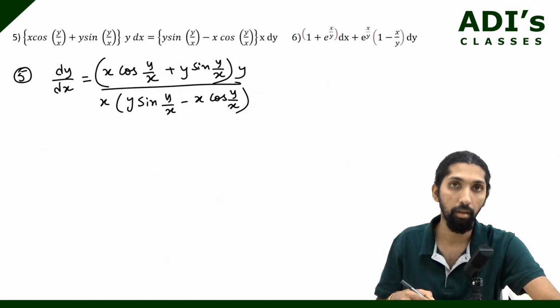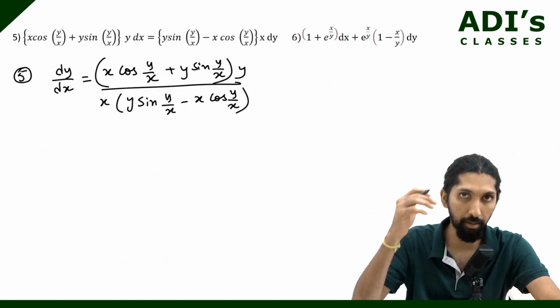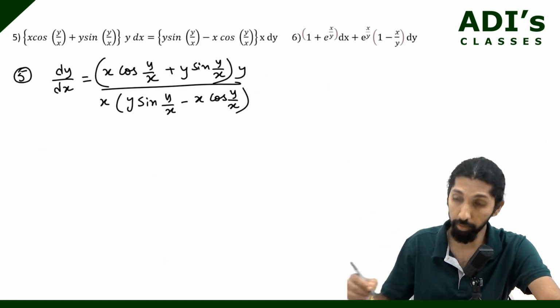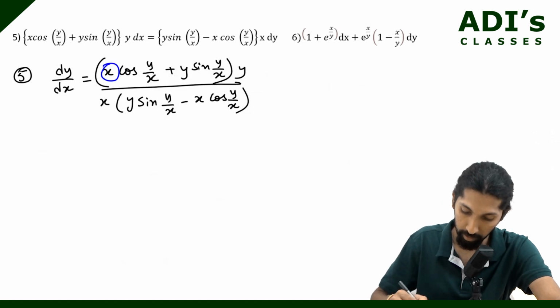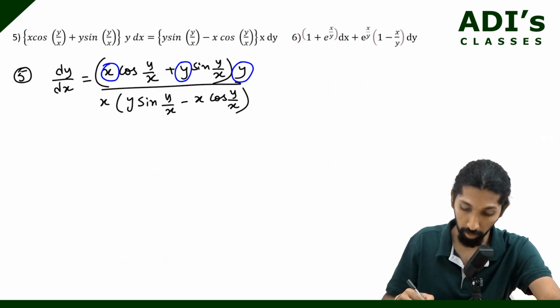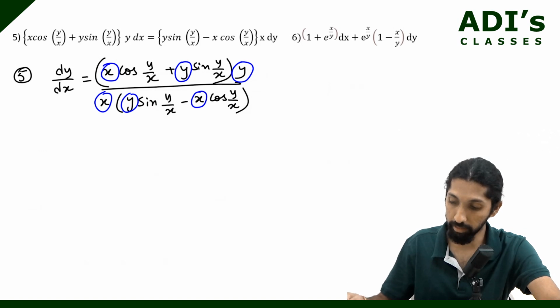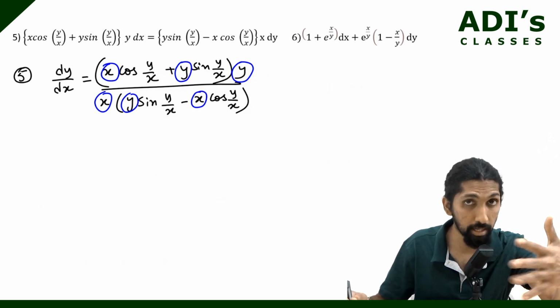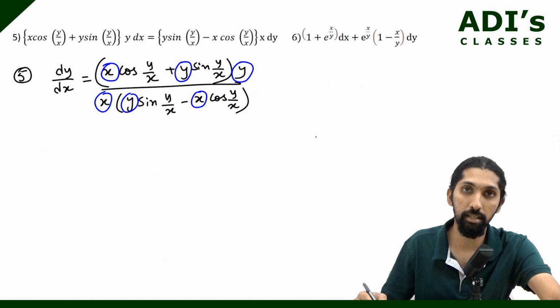Now, you know that lambda x, lambda y if you take. Now, what I want you to see is there is one x here, y, y, correct? Along with that, x, y, x. Now, if you take these things together, then the lambda gets cancelled. So, we can clearly say it is homogeneous.